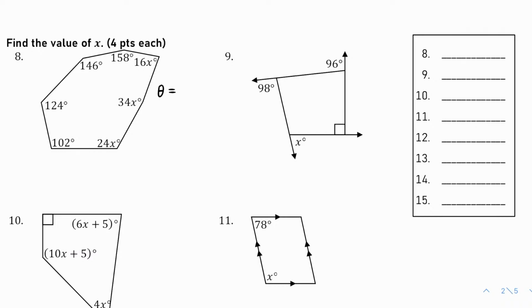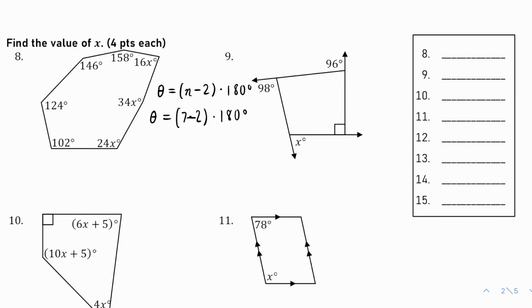So theta equals n minus 2 times 180 degrees. So n equals 7. So theta equals 7 minus 2 times 180.